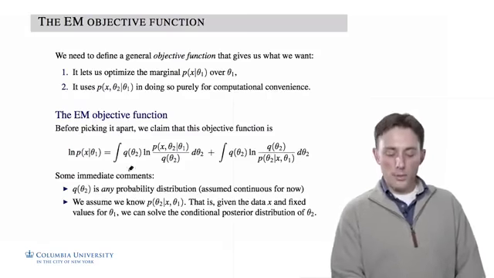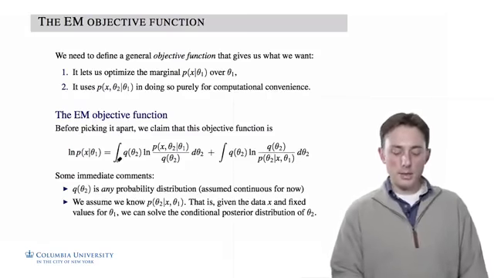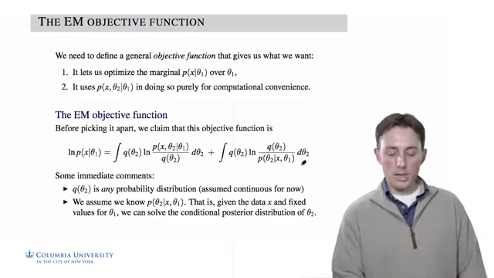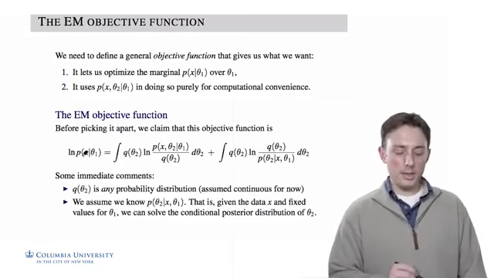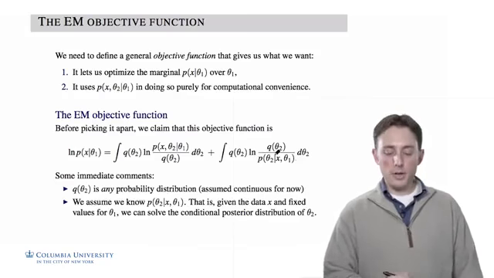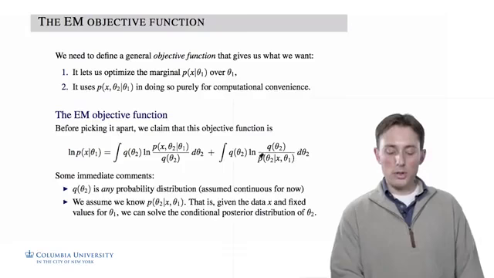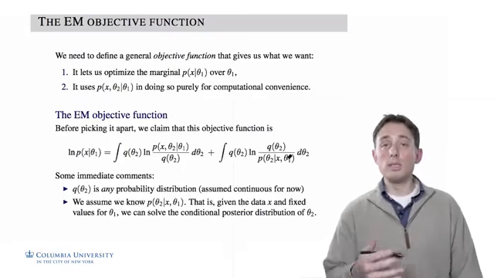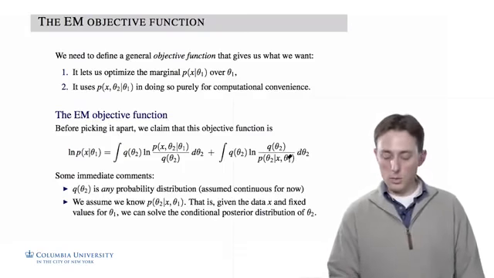Also, if we're saying that we want to work with this right-hand side because it's easier than working with the left-hand side, that implies that the conditional posterior of this missing variable theta 2 can be calculated given x and theta 1. So we're going to assume this conditional posterior is something that we can calculate in closed form very easily.